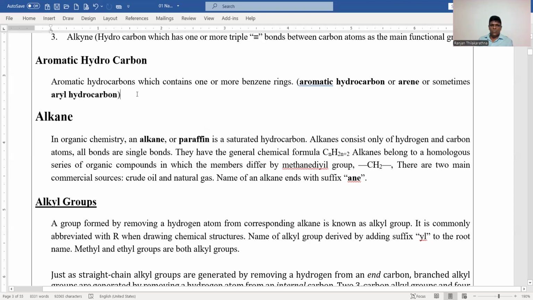There are some rules to follow for a compound to be aromatic. We will study that under benzene. There is a separate lesson called benzene. Under that, we are going to study about that.